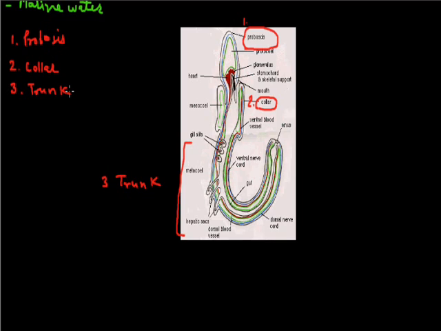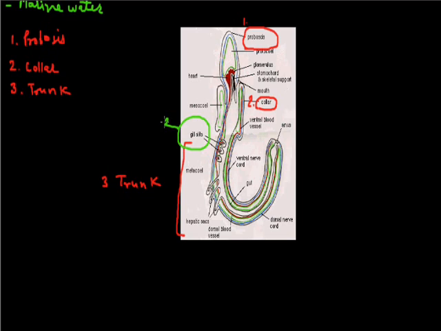Now another important feature: why do we call them chordates? Why does this phylum have the chordate feature? It has certain specific features on the basis of which we call it a chordate. First of all, these animals have gill slits. This is a chordate feature.